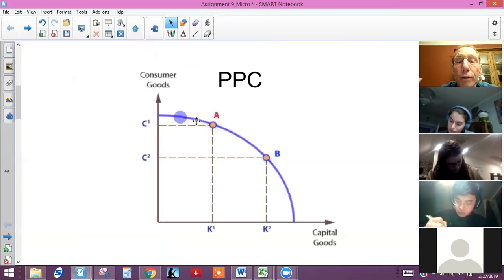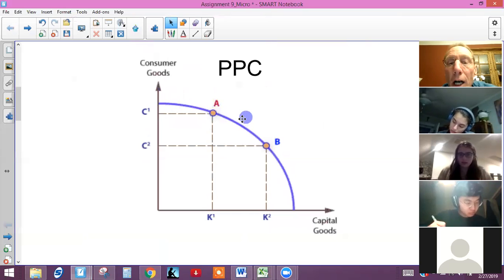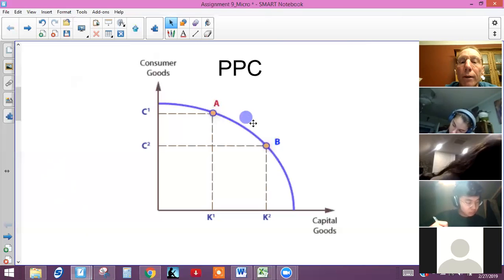But as we move down the curve and we gain more and more in capital goods, the opportunity cost in consumer goods is increasing. So the real fundamental concept here is when the curve is bowed, you're going to have increasing opportunity cost as you gain in one good over the other. Okay.